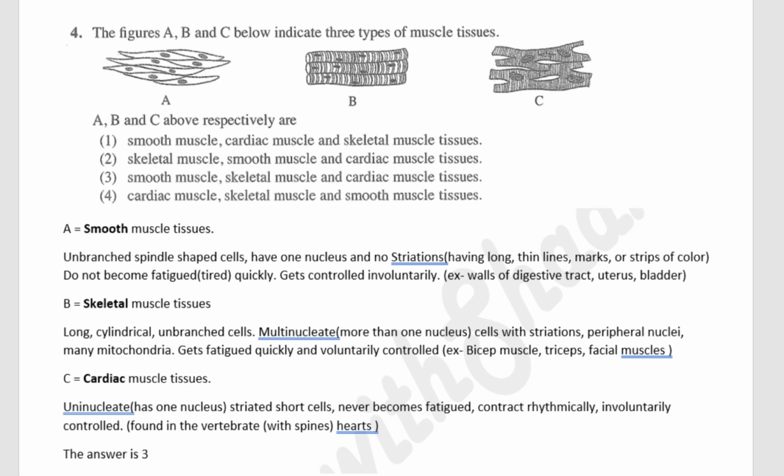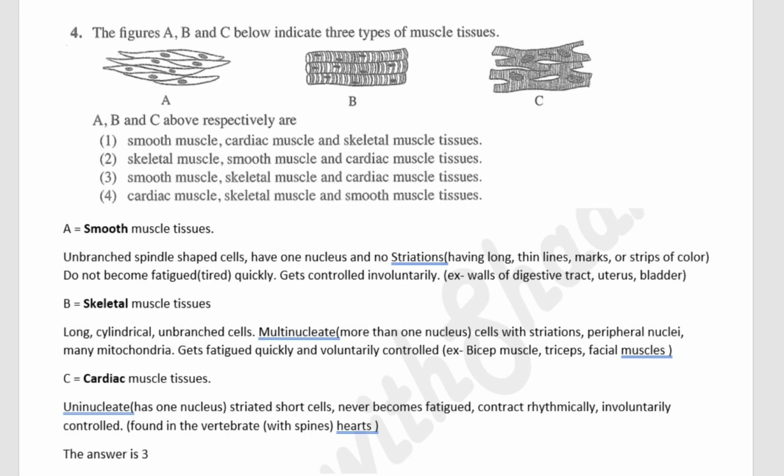Spindle means something that starts really thin, then gets fat, then gets thin again. I'm pretty sure there are better ways to define spindle. So it's an unbranched, spindle-shaped cell that only has one nucleus and no striations. Striations means stripes, like thin lines or marks.